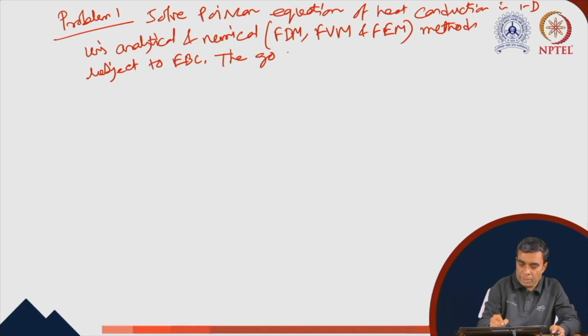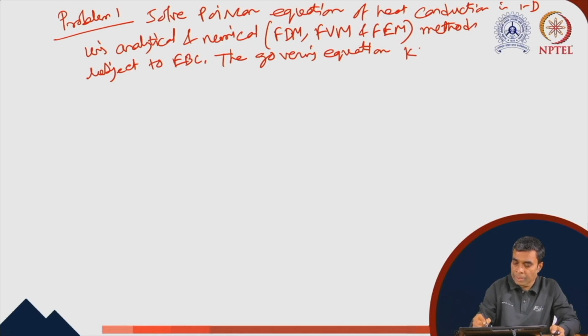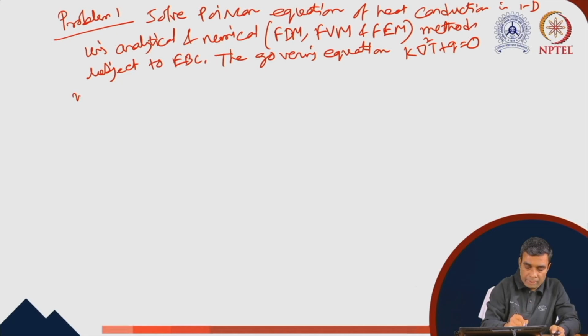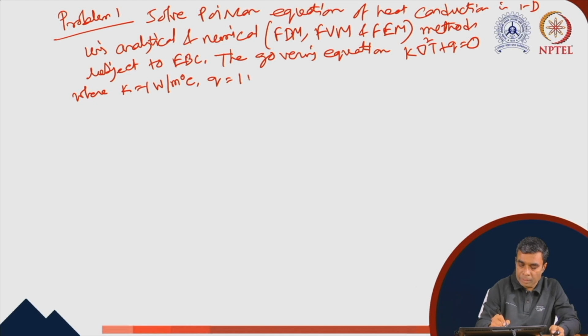The governing equation is K del square T plus Q equals to 0, where K, the thermal conductivity, is 1 watt per meter degree centigrade. Q equals to 1 watt per meter cube.